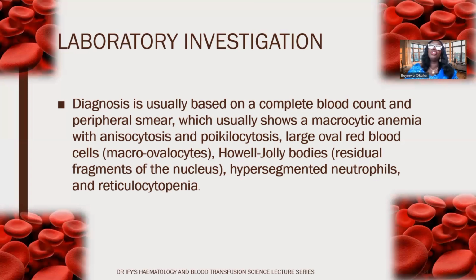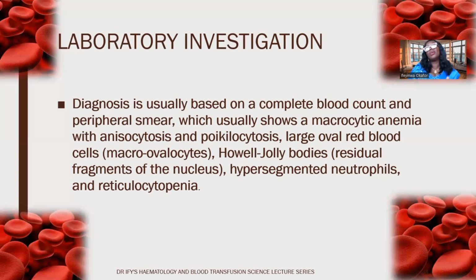That is, you need to see macrocytes in the peripheral blood, anisocytosis, poikilocytosis, and large oval red blood cells called macro-ovalocytes, and then Howell-Jolly bodies, which are residual fragments of the nucleus, and then hypersegmented neutrophils. In extension, you can have reticulocytopenia.